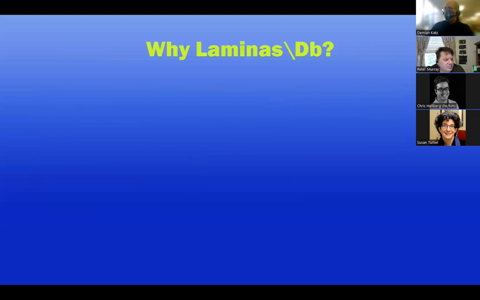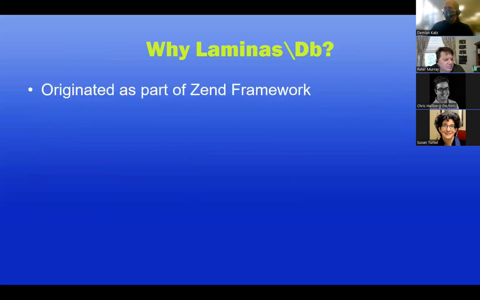So currently, our database abstraction layer is something called Laminas Db, which used to be called ZendDB. So why did we choose this? Well, this was originally part of Zend Framework. And when we converted VuFind's code to use Zend Framework more than a decade ago, the PHP ecosystem was a lot different.